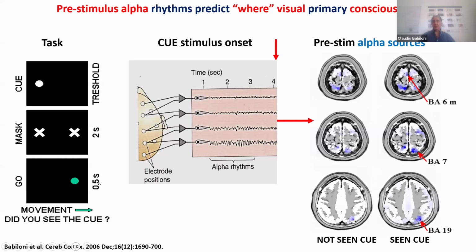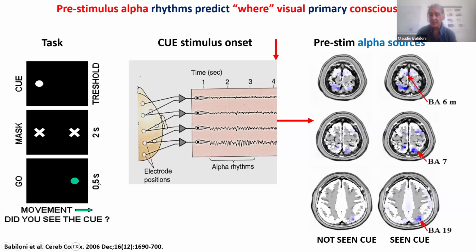In the left column, we reported the results for not seeing cue stimuli, no visual primary consciousness, and in the red side, we reported the alpha source activity before the cue stimuli seeing. So we are showing the alpha source activity in the pre-stimulus period.